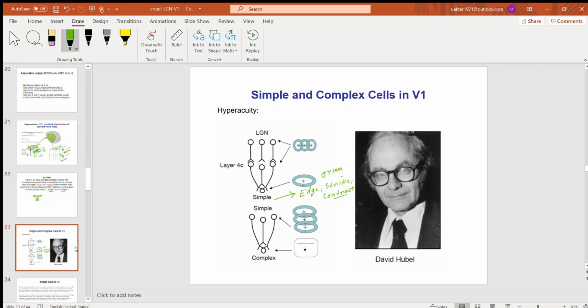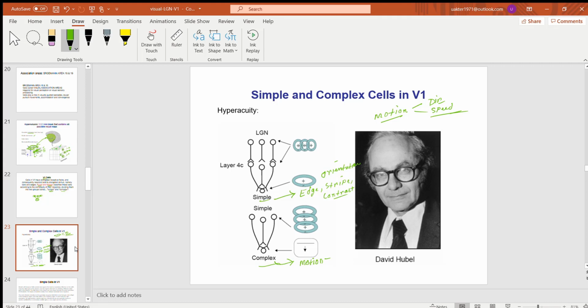However, the complex cells are more useful to detect motion. That means direction and speed. You know, motion has two vectors, right? Direction and speed, right? So the complex cells are more sensitive or helpful for motion, and simple cells are more to detect the edge, orientation, stripe, contrast.